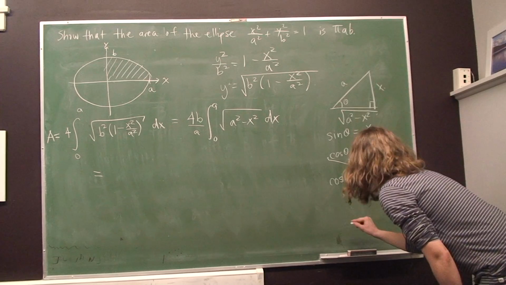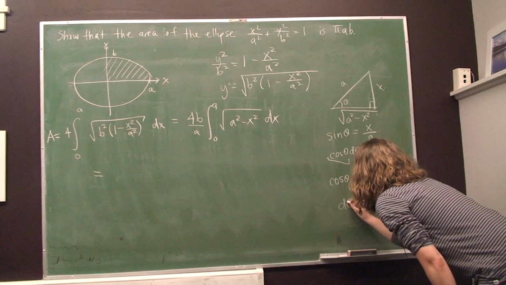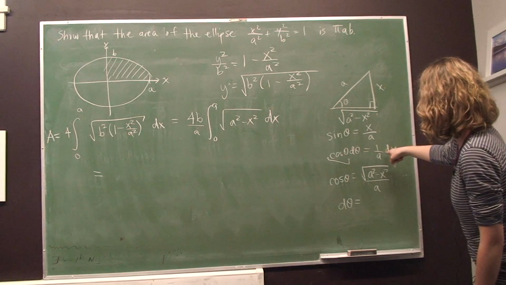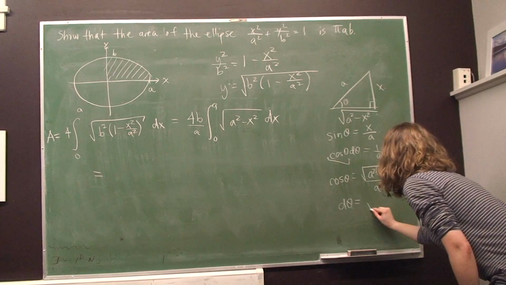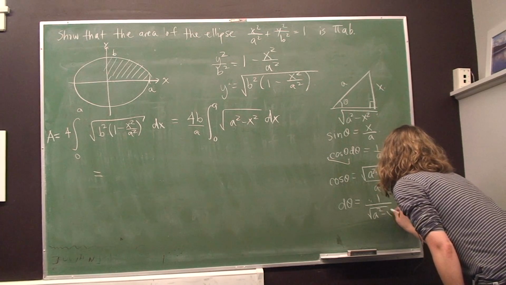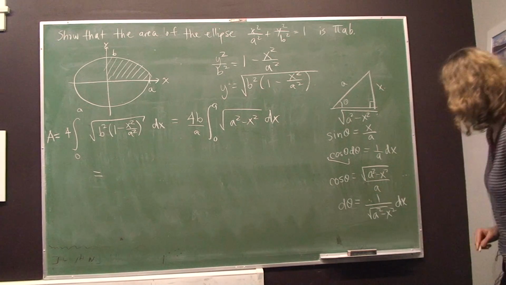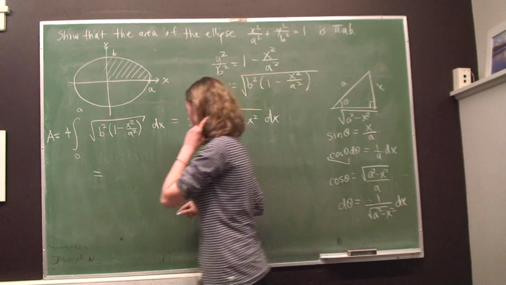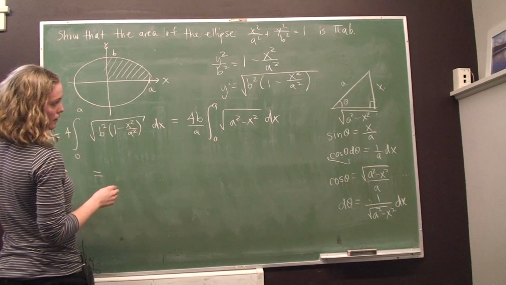So maybe let's just write this. d theta is going to be 1 over cosine theta times dx over a.